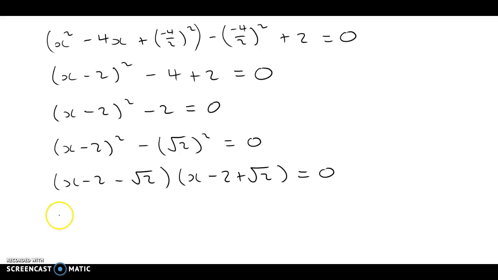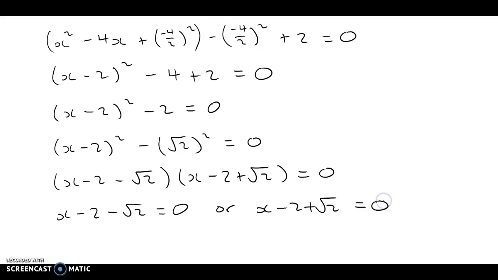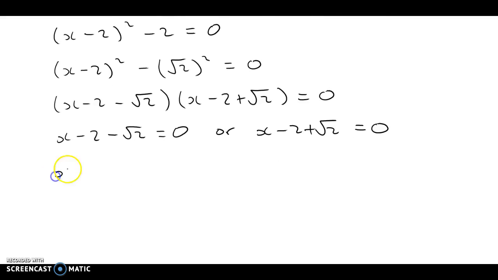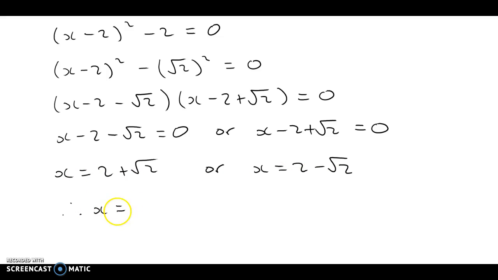So x minus 2 minus root 2 equals 0, or x minus 2 plus root 2 equals 0. This will give us x equal to 2 plus root 2, or x equal to 2 minus root 2. And we can actually write these two answers in the format x equals 2 plus or minus root 2.